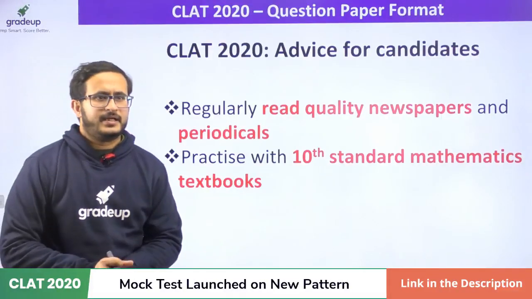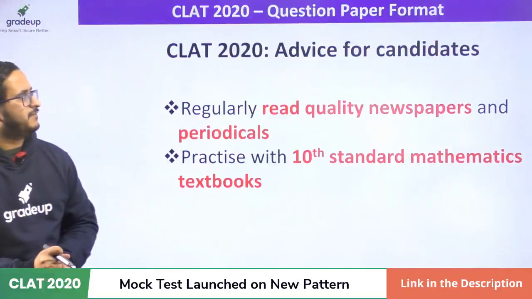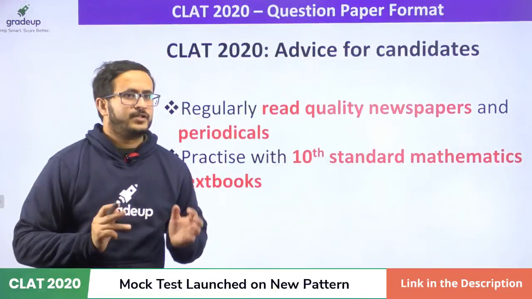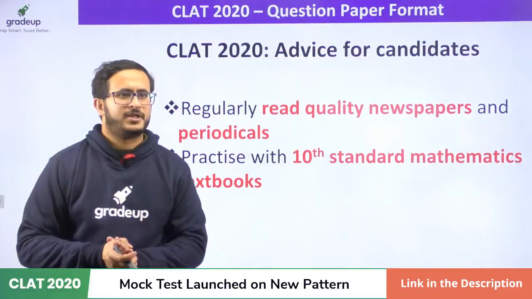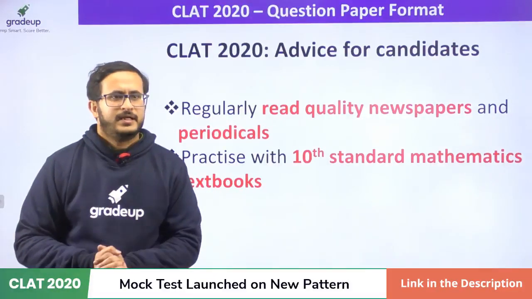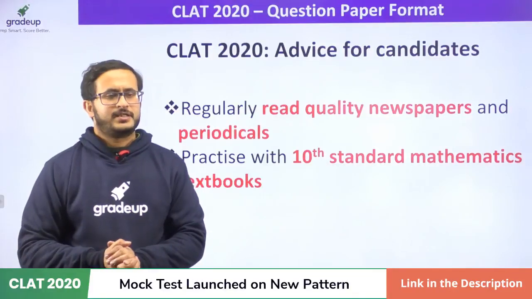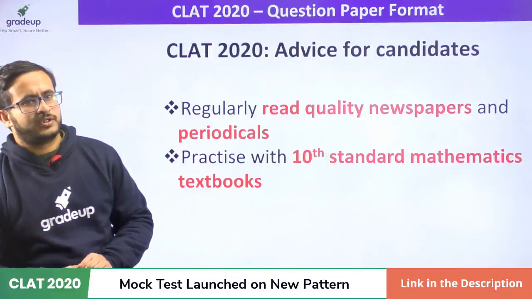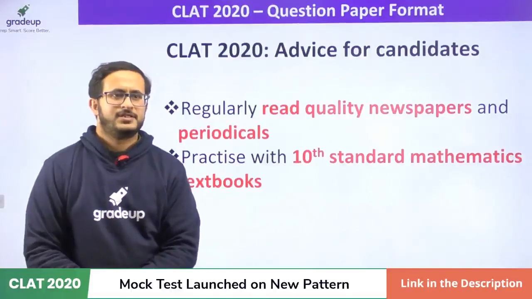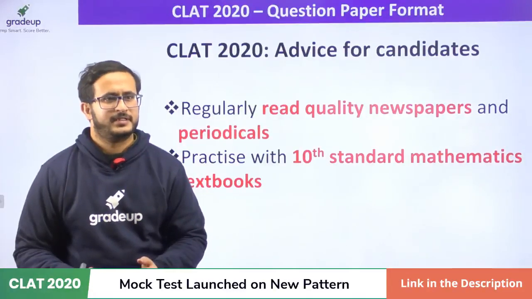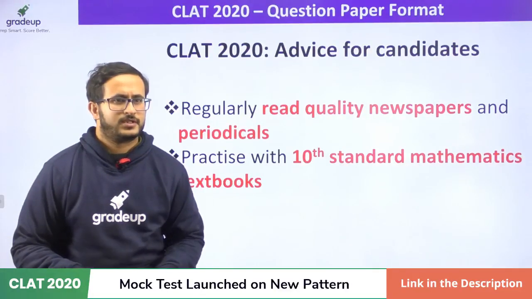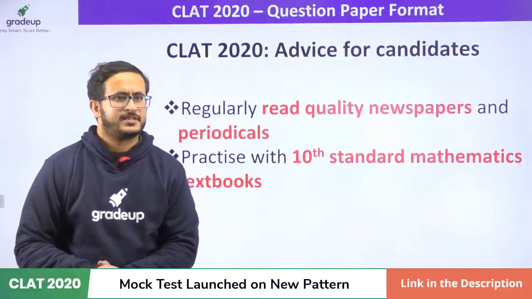And at the end of the notification, they have given advice to the candidates: please read quality newspapers regularly, because the entire paper is reading based. Unless you have a reading habit, you won't be able to complete the paper, as you won't be able to read the questions in time, because most of the sections are reading based.